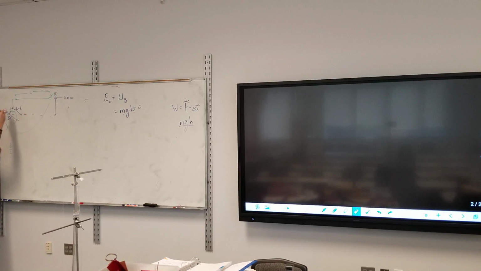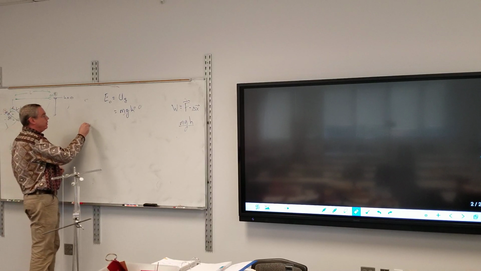This is point 1, point 2, and we'll come up with other numbers as we need them. So the energy at point 0 is 0 because it's not moving, so kinetic energy is 0, and we define our potential energy to be 0 there. What is the energy at 1?